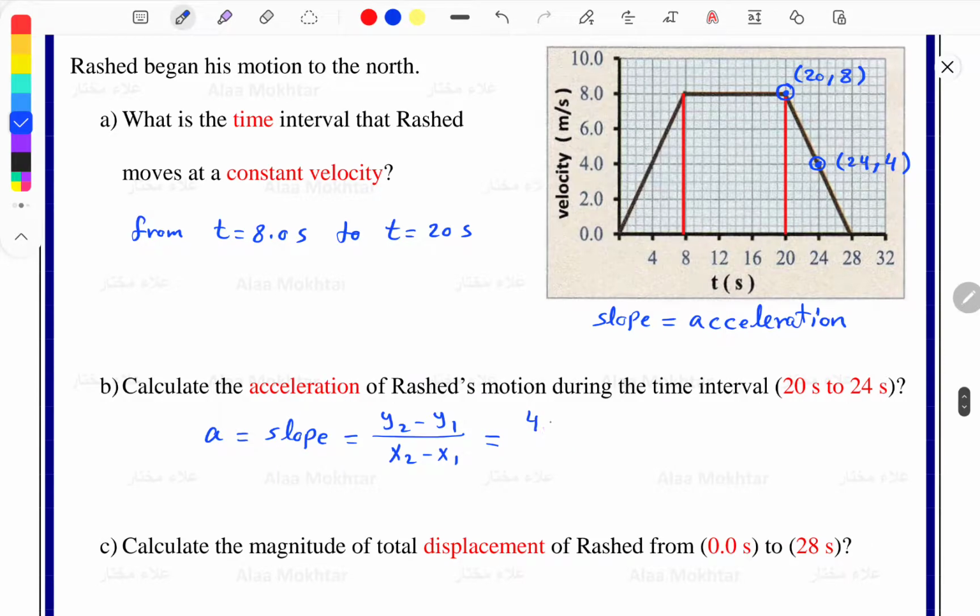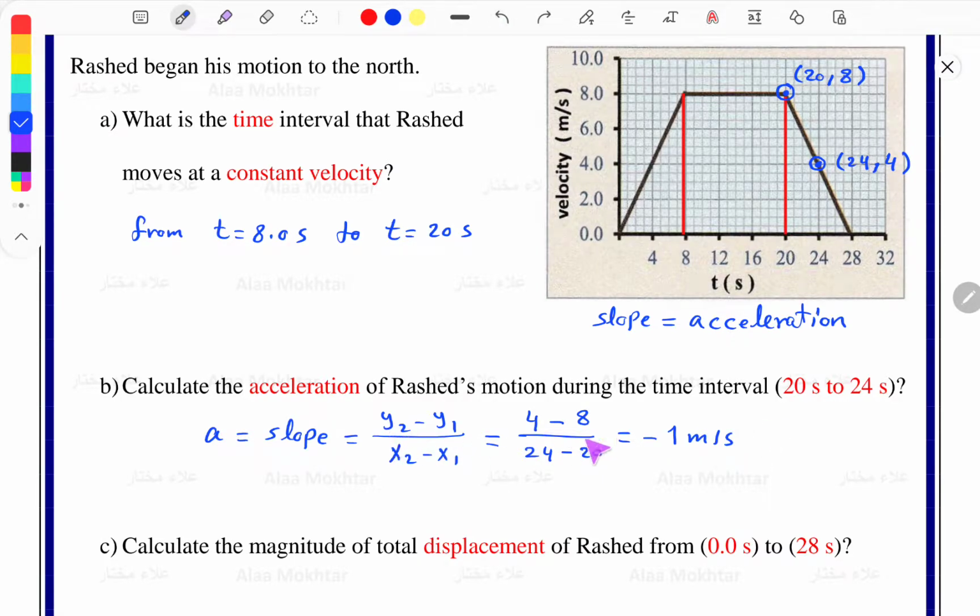It is 4. y1 is 8. Divided by x2, which is 24, minus 20. Use your calculator or your mind. 24 minus 20. The answer will be negative 1 meter per second squared.